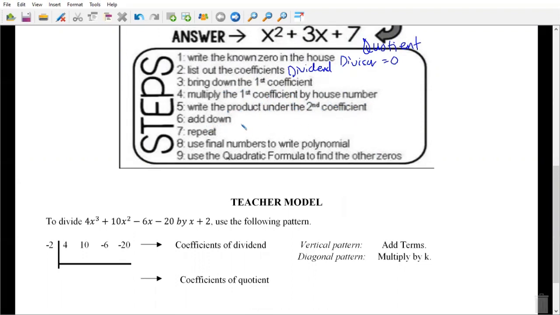And we add down. And then we repeat the steps again. Multiply, write product, add. Multiply, write product, add. And then we use the final numbers to write our polynomial, because the final numbers are our quotient. And then if I needed to solve, I could use the quadratic formula to find all other zeros.